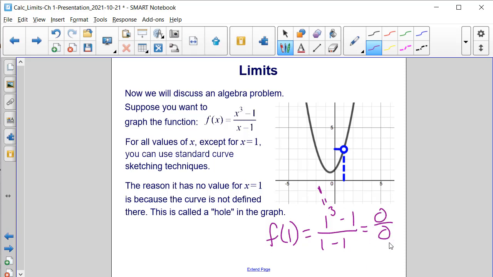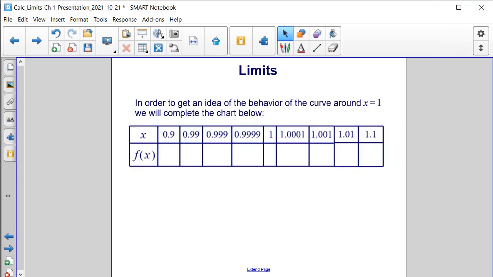Because we're not allowed to have 0 in the denominator, and we get 0 over 0, we can actually end up factoring this to show that this factor will cancel out. And when the factors cancel out, it creates a hole in the graph. In order to get an idea of the behavior of our function or curve around x equals 1, we're going to complete the chart that's shown below here.